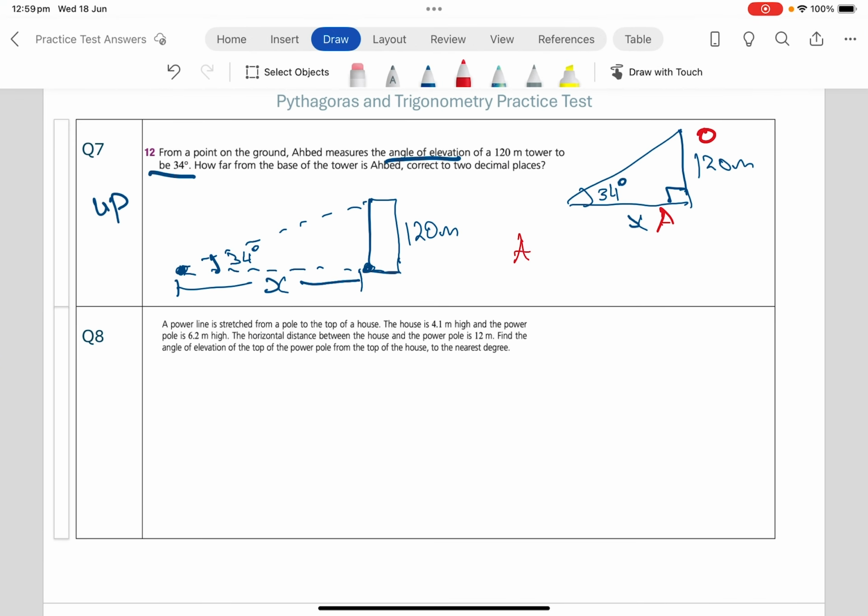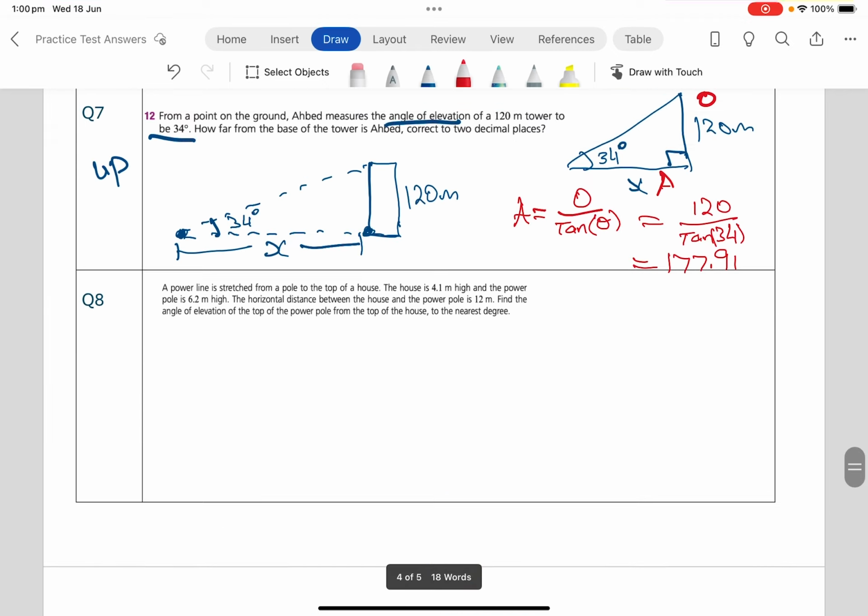So adjacent equals O over tan of theta. Making the substitutions, 120 over tan of 34, which on my calculator is 120 over tan of 34. Probably should clarify that this 34 needs brackets around it, and we get 177.91.